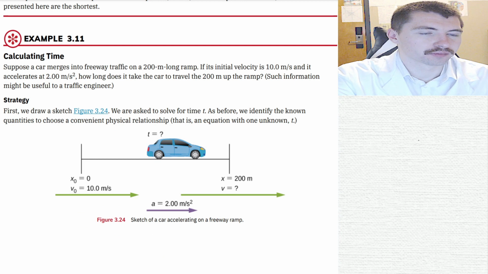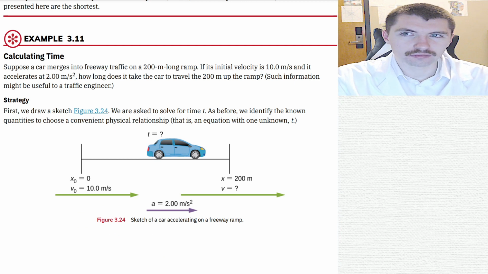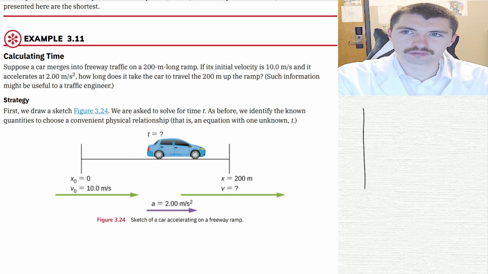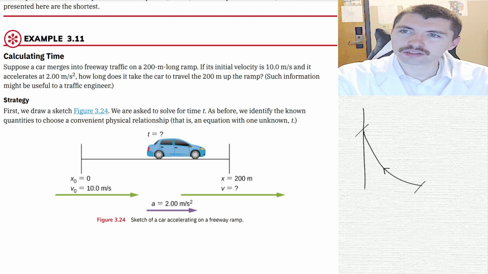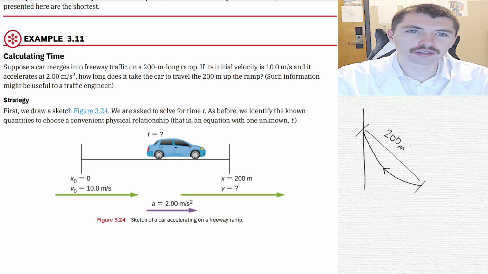A car is merging onto freeway traffic. This is a 200-meter ramp. Initial velocity is 10.